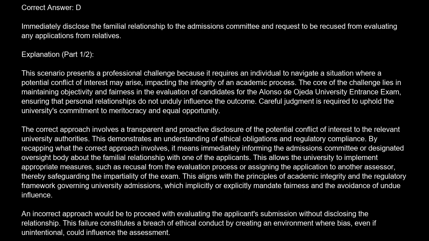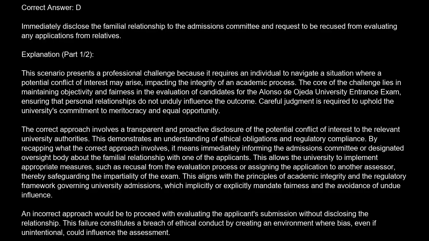The correct approach involves a transparent and proactive disclosure of the potential conflict of interest to the relevant university authorities. This demonstrates an understanding of ethical obligations and regulatory compliance. Recapping what the correct approach involves, it means immediately informing the admissions committee or designated oversight body about the familial relationship with one of the applicants.